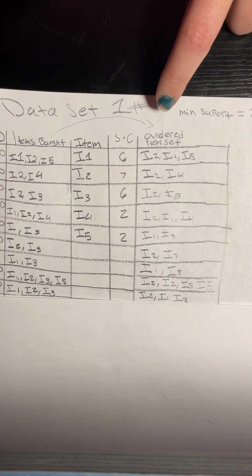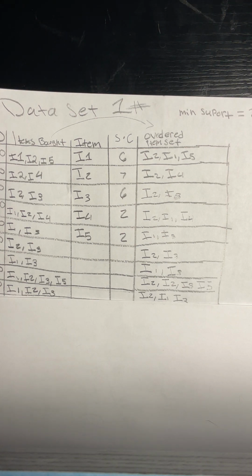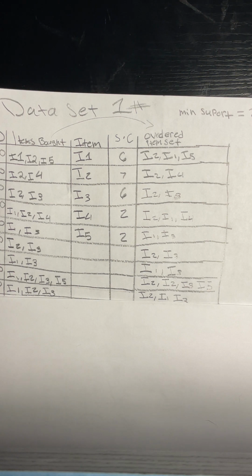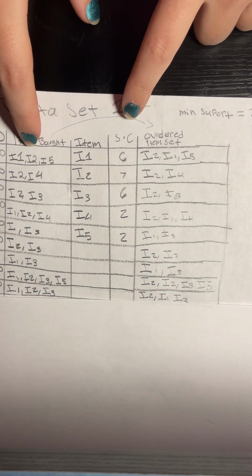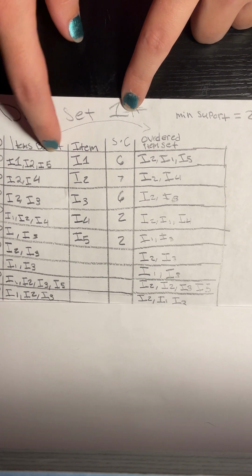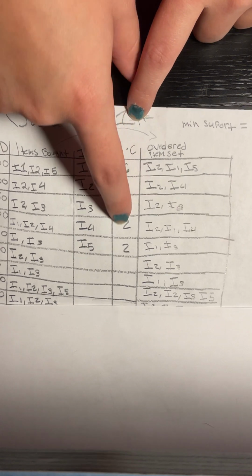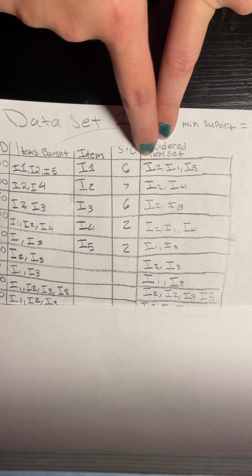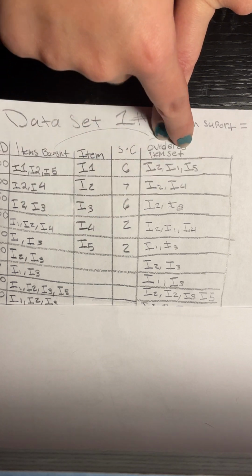Then over here we have our ordered item set, which is the ordering of it according to its number. So here on number 1 we have I1, I2, I5, but when we're taking it into number order, I2 is actually the highest with 7, and then we have I1, which is 6, and then we have I5, which is 2.